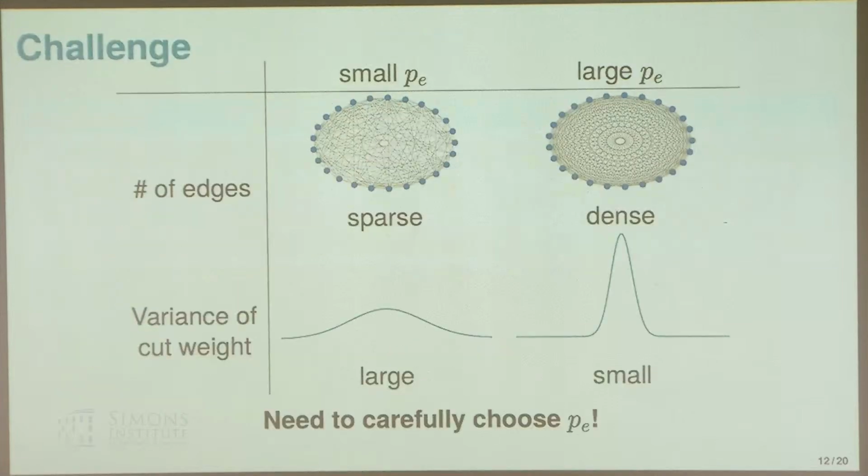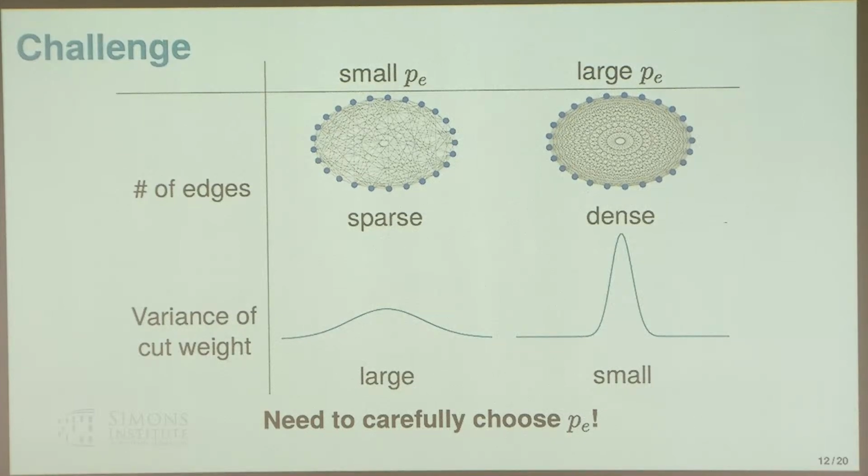Okay, so how should we choose P_e? That's the challenging part. To get a sparse sparsifier, we want to choose small P_e, but that causes a high variance of the cut function. On the other hand, if you have large P_e, then of course the sparsifier becomes dense, which is not good, but the variance becomes small, so we can easily show that it is a sparsifier.